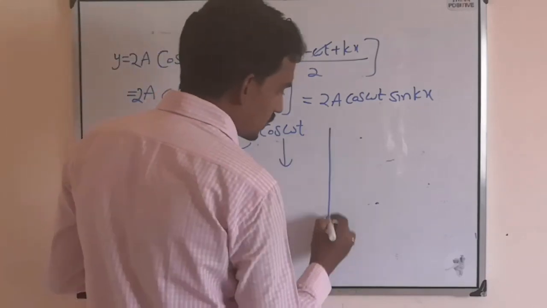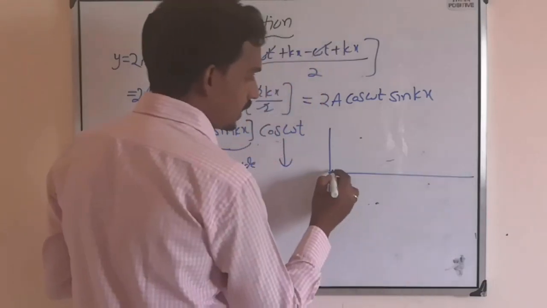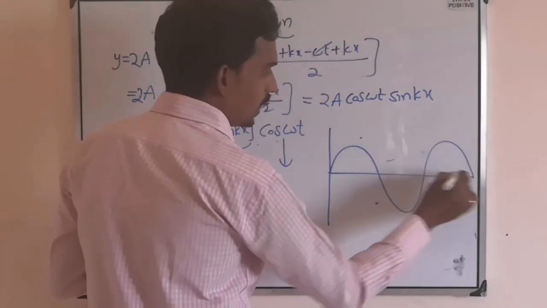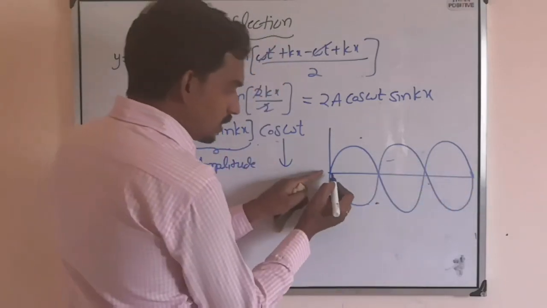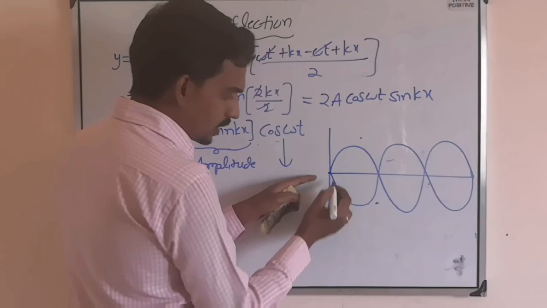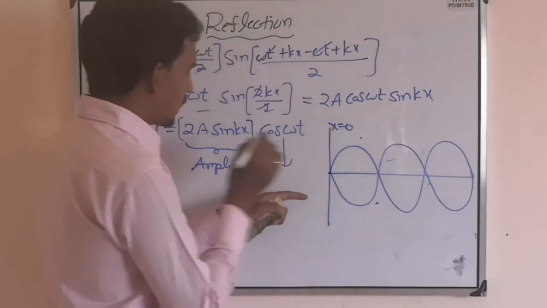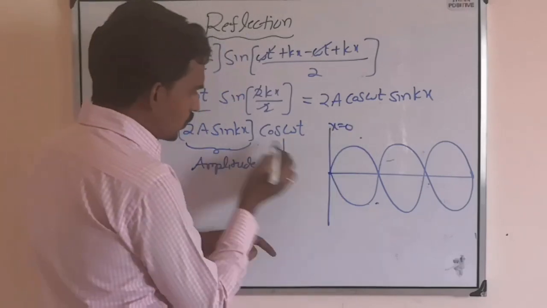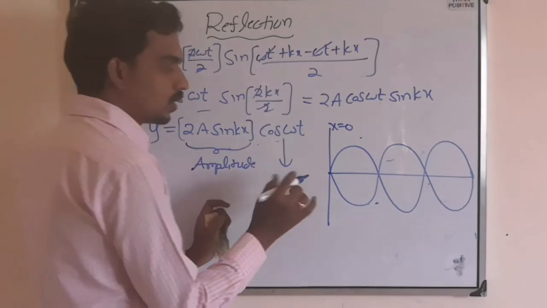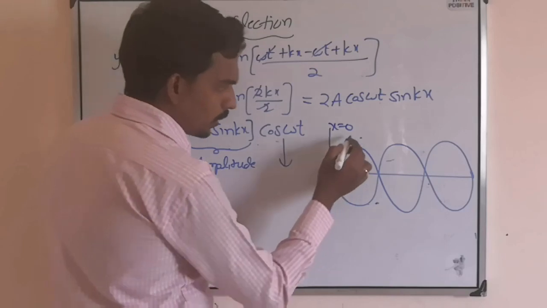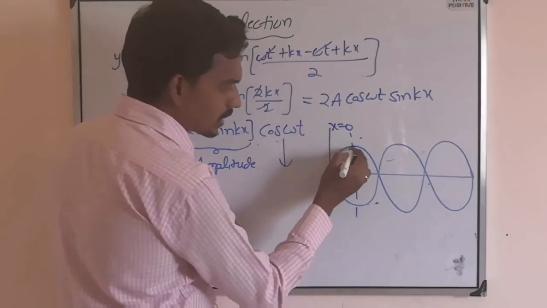Like here, this is the surface where the incident wave is reflecting back and the standing wave is produced like this. That means from this point, this is x equal to 0, the starting point. At x equal to 0, sine 0, so amplitude is how much? 0. Now at one position it is becoming maximum.